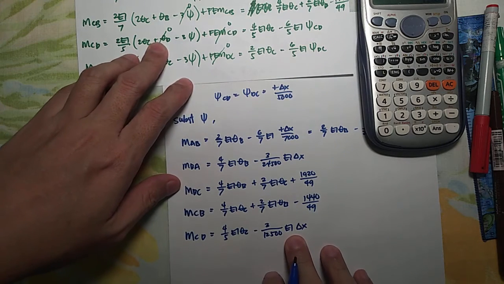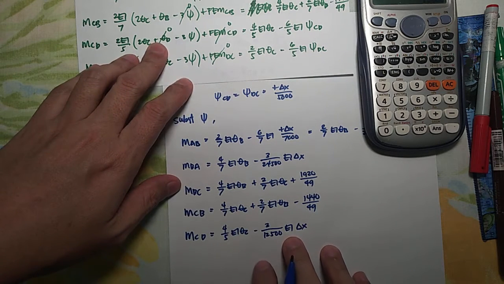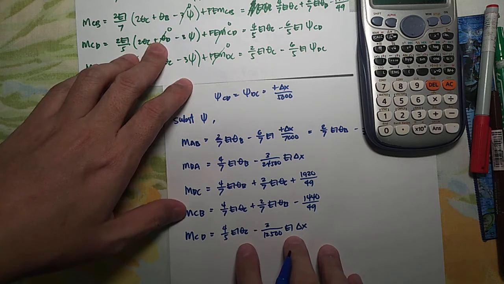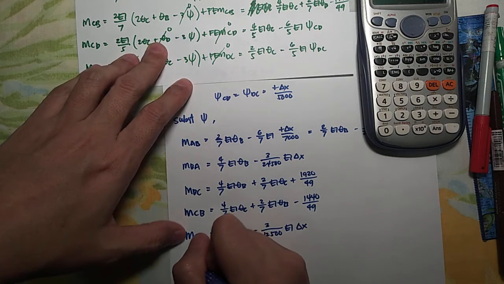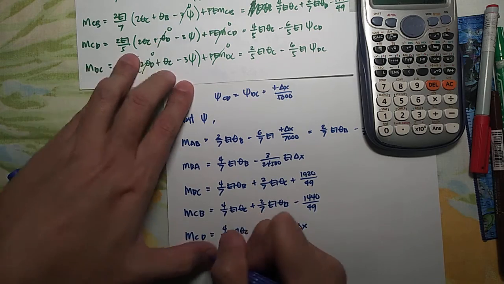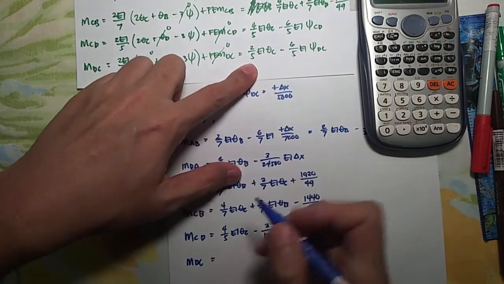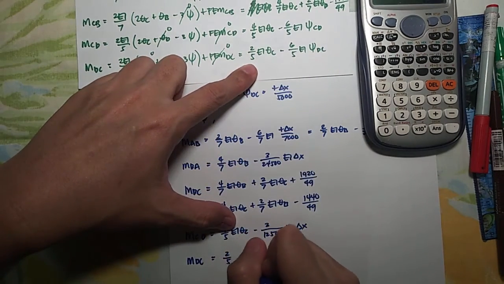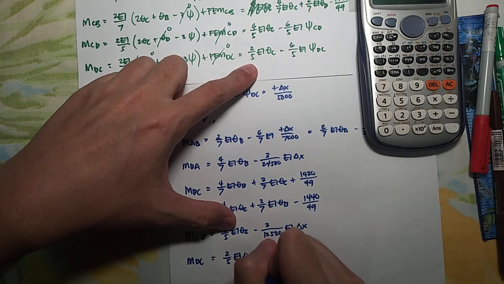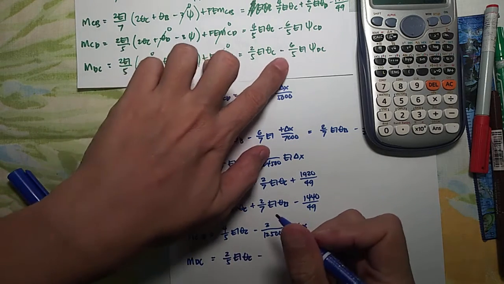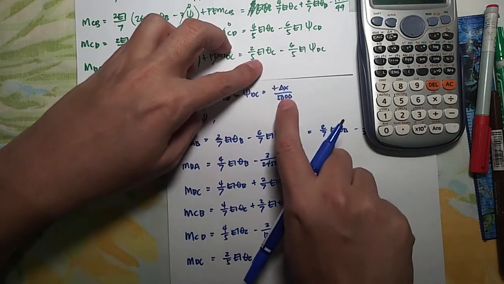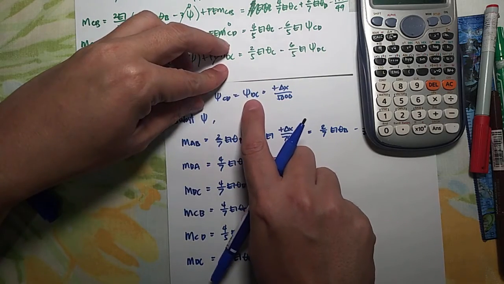Okay, then last would be MDC, this one. So that is 2/5 EI theta C minus 6 over 5 of this one, psi DC.